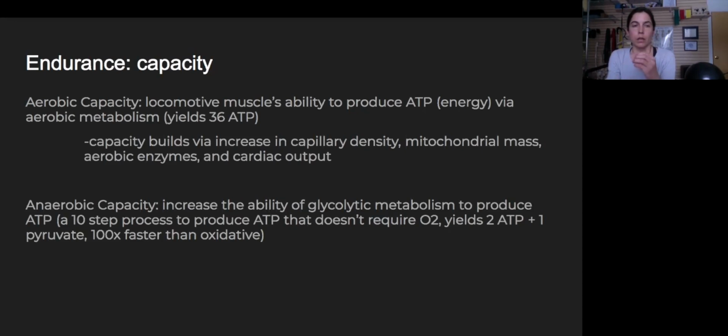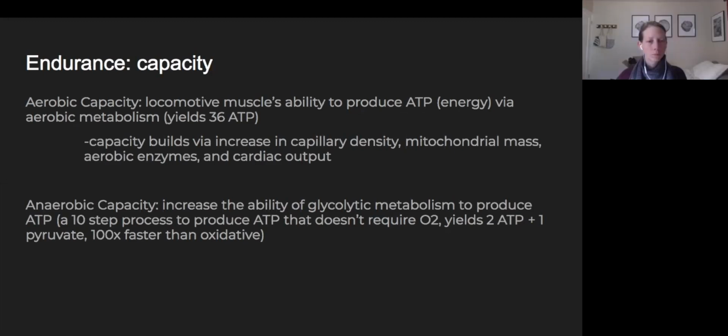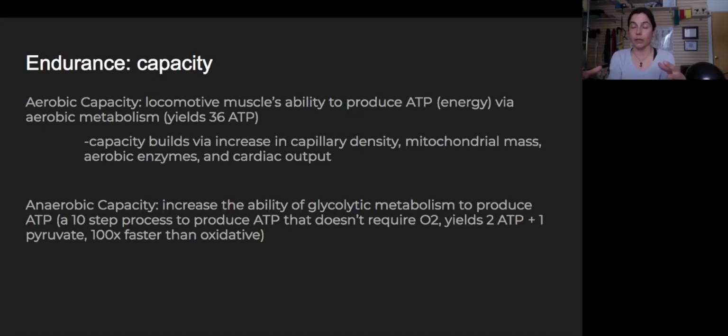So what we're doing when we stay in the aerobic capacity building, this zone 1, zone 2 work, at the cellular level, we are increasing our capillary density. We're increasing the amount of mitochondria that we have, which are the little organelles that are our little aerobic ATP factories.